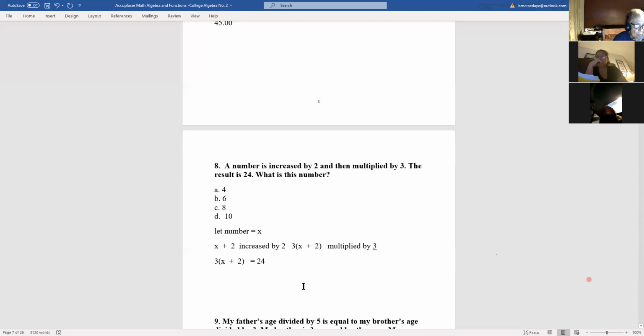You got to multiply 3 times what is in parentheses. 3 times 2? No, 3 times X and then 3 times 2. So you're going to multiply 3 by X plus 2.